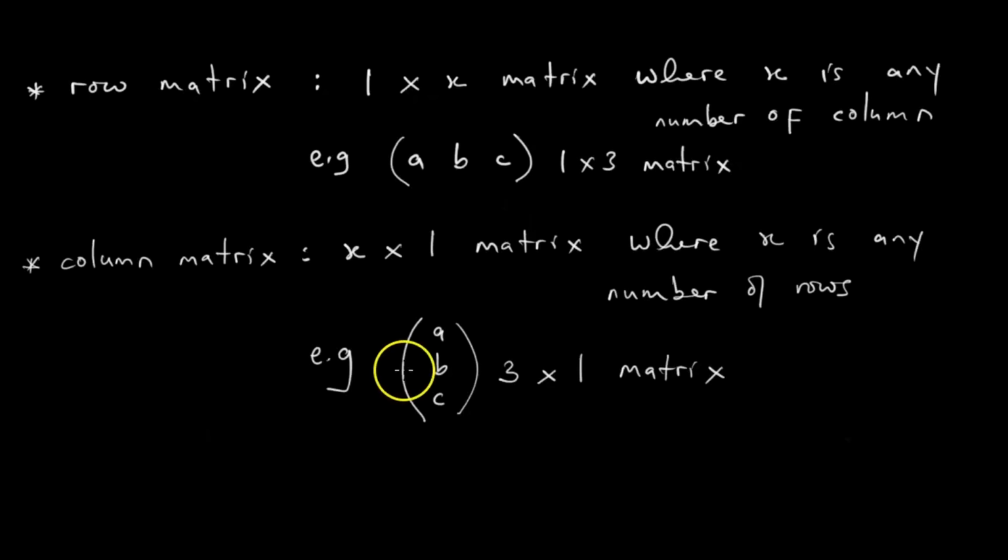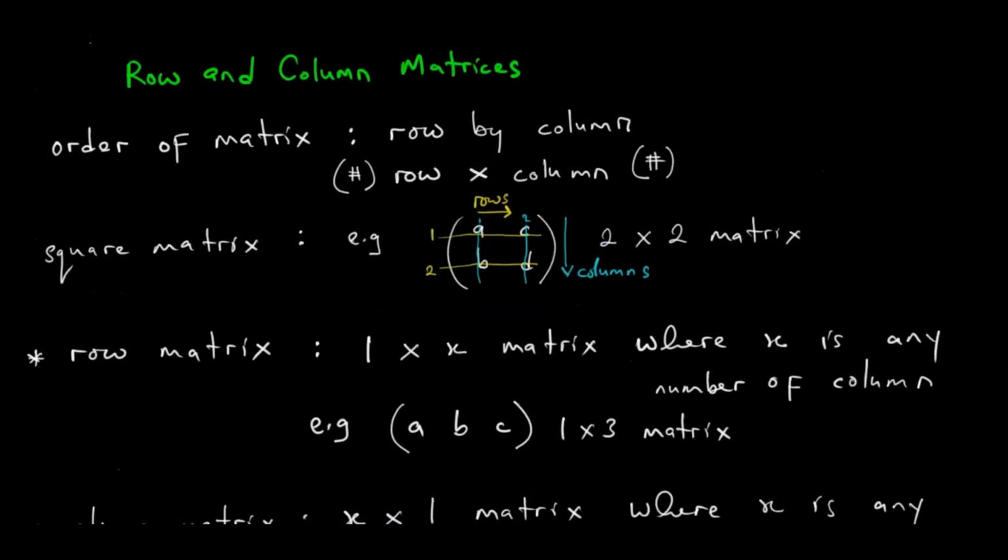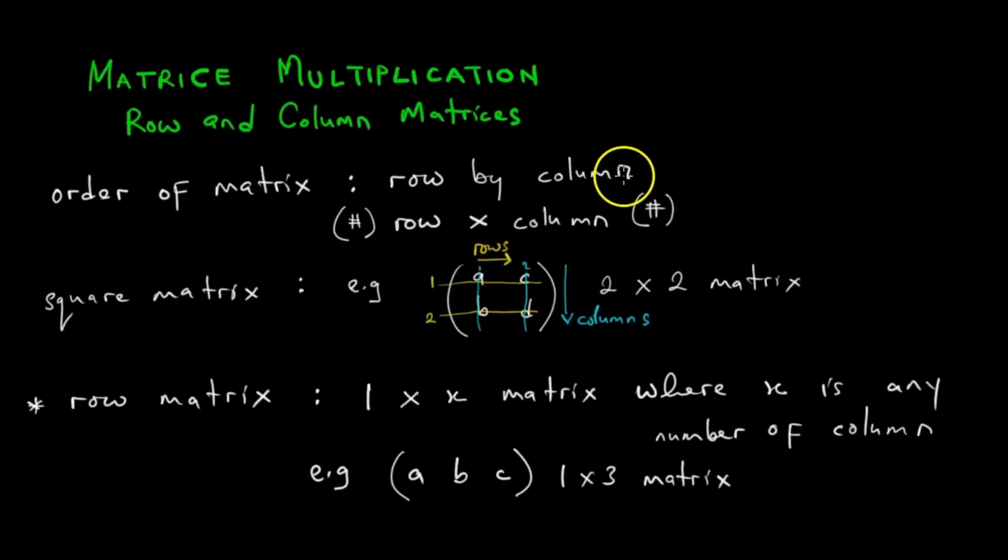What should we now do? Zvatakuda kuita, we now want to multiply this row matrix and a column matrix. If you look back at the topic we are looking at, toda kutarisa matrix multiplication, row and column matrices. We want to multiply rows and columns. So how is it done?